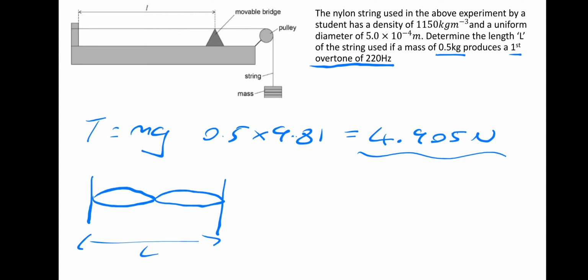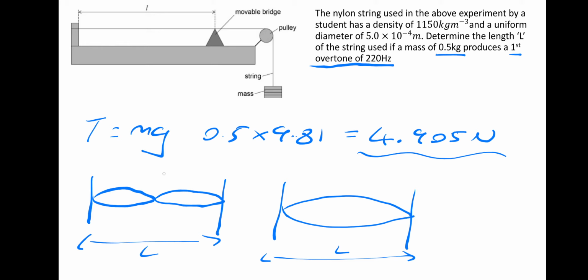So if the frequency on this one is 220 Hertz, the frequency for the first harmonic would actually be half that, because there's half the amount of loops. So that would be 110 Hertz.